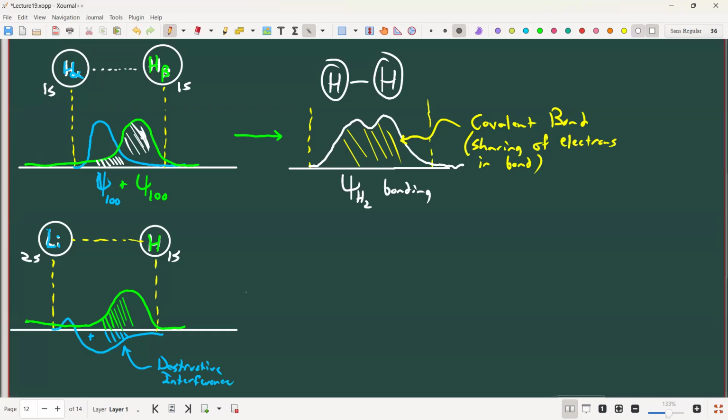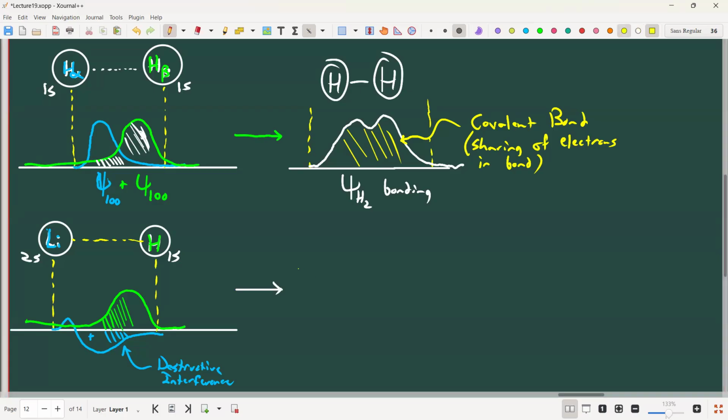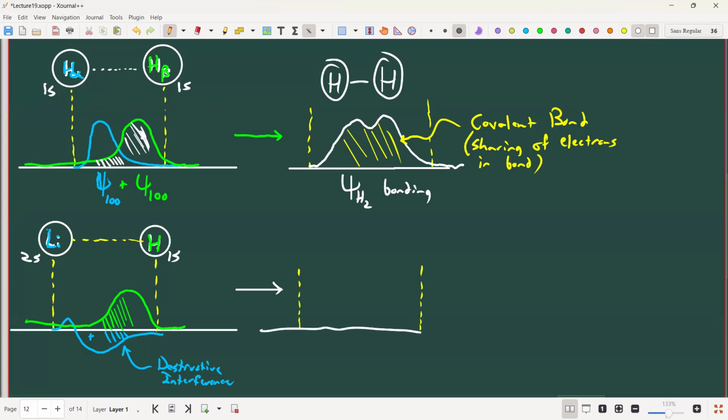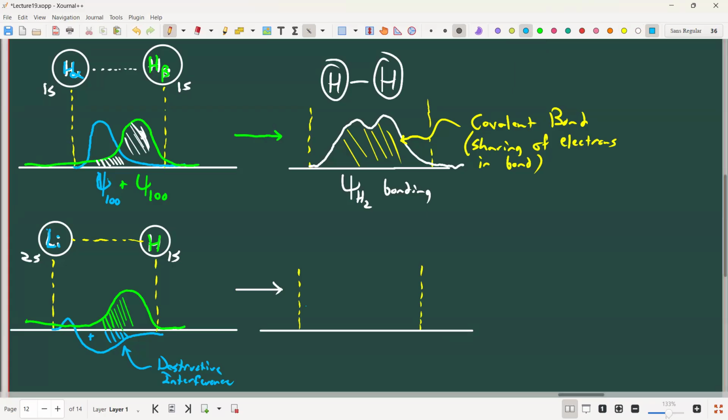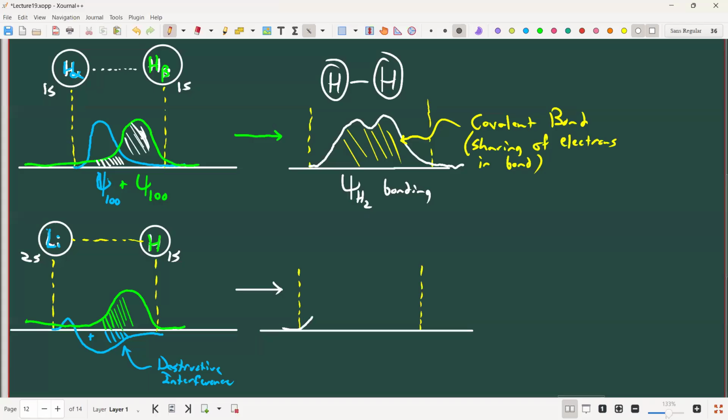Right? So what we get in the end when we add these two wave functions together is a little bit of addition where these two are on the same side, so there's a little bit of a hump here. The net wave function gets a little bit of a hump here, right?